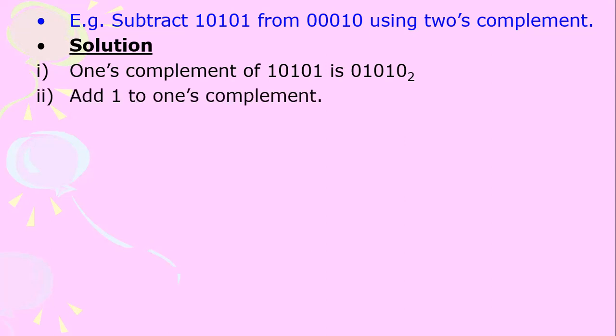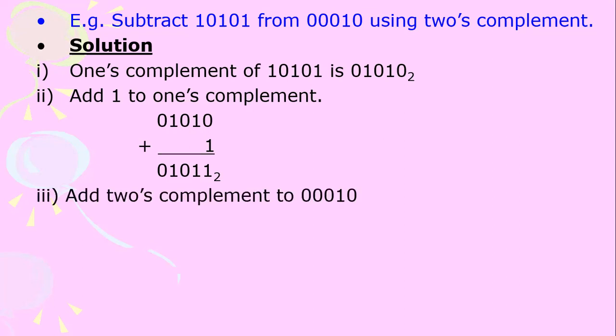Then from there, we add 1 to our 1's complement. So we add 1 to 0, 1, 0, 1, 0. This gives us 0, 1, 0, 1, 1 in binary.